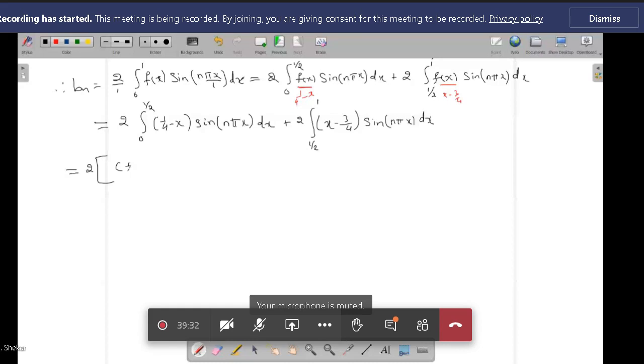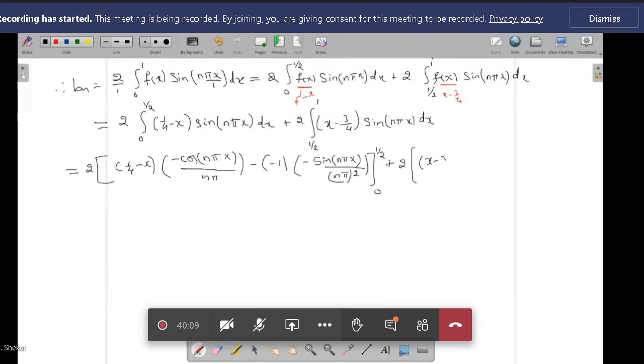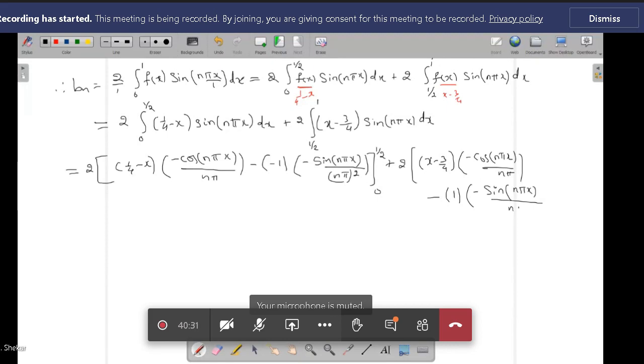So 2 into first function is 1 by 4 minus x into integration of sine is minus cos n pi x divided by n pi, minus derivative of 1 by 4 minus x is minus 1 into minus integration of cos is sine n pi x divided by n pi into n pi gives n pi whole square, limits from 0 to 1 by 2, plus 2 into, again first function is x minus 3 by 4 into integration of sine is minus cos n pi x divided by n pi, again minus derivative of x minus 3 by 4 is 1 into minus integration of cos is sin n pi x divided by n pi into n pi gives n pi whole square, limits from 1 by 2 to 1.